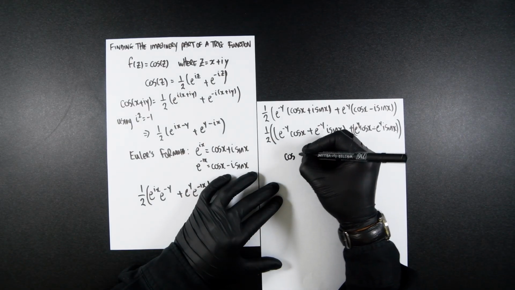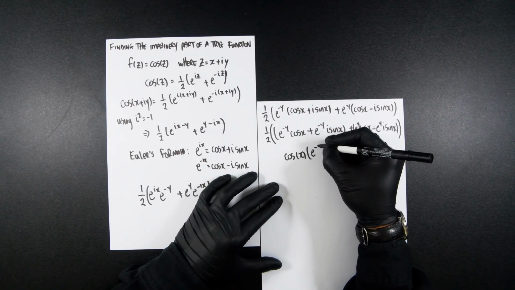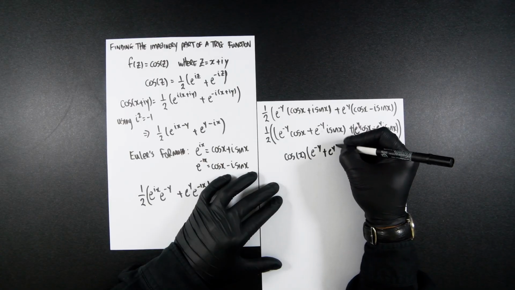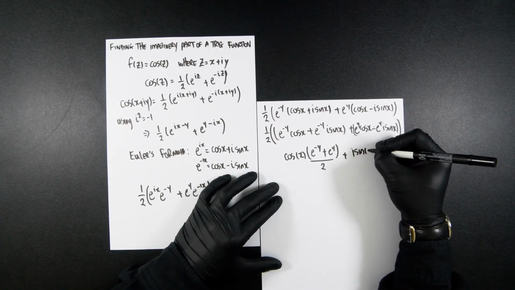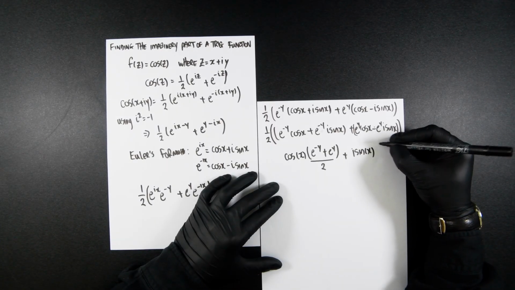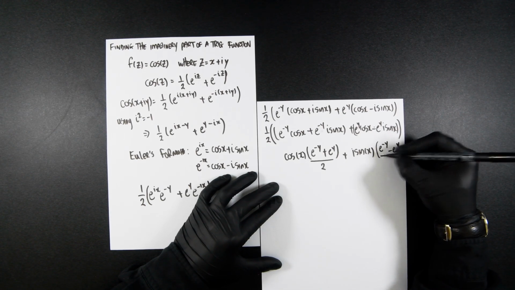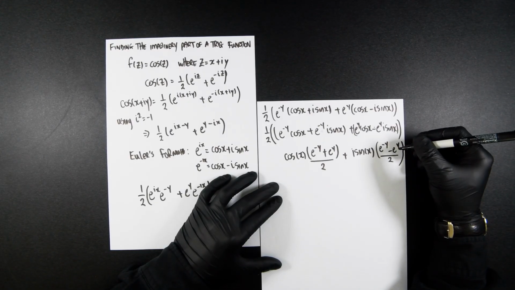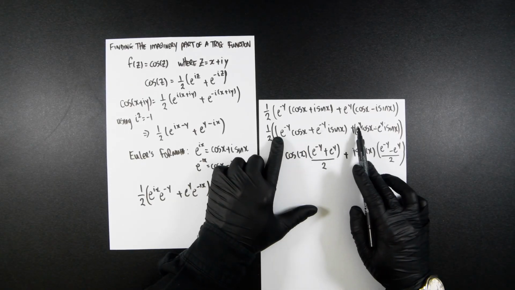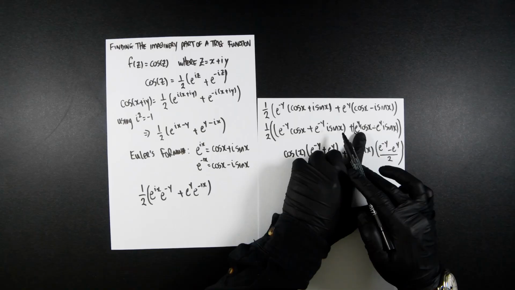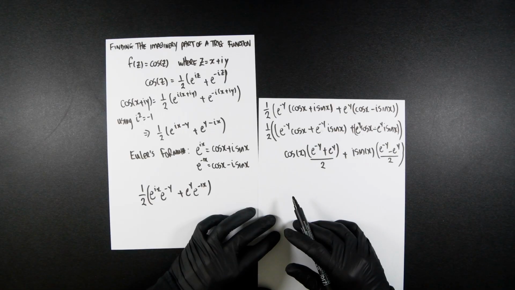You're then going to get cos x times e to the minus y plus e to the y over 2, plus i sin x times e to the minus y minus e to the y divided by 2. All I've done is move these around, put together these two, so you get e to the minus y and e to the y, and I've multiplied the half in so it's applied everywhere.